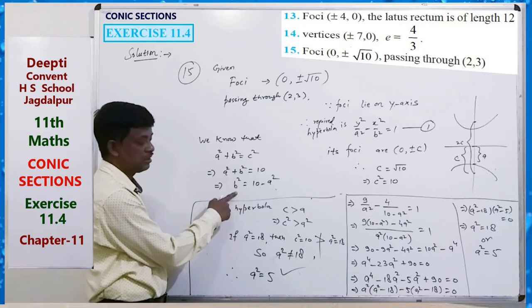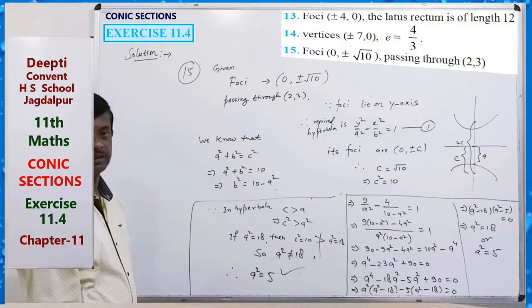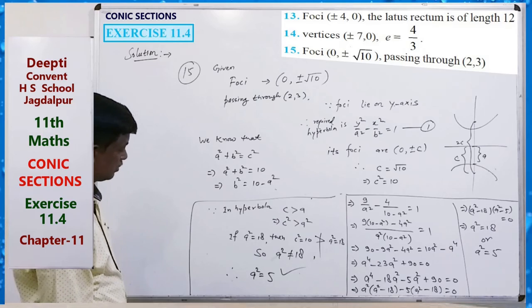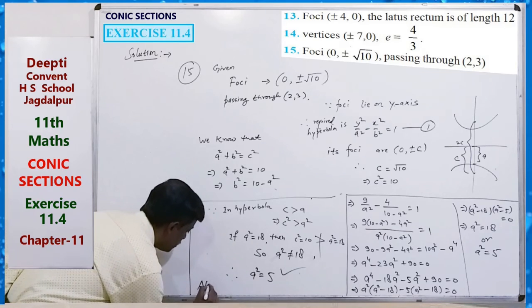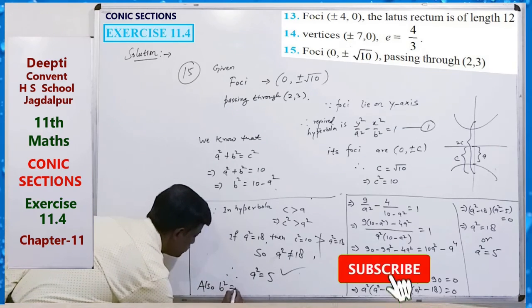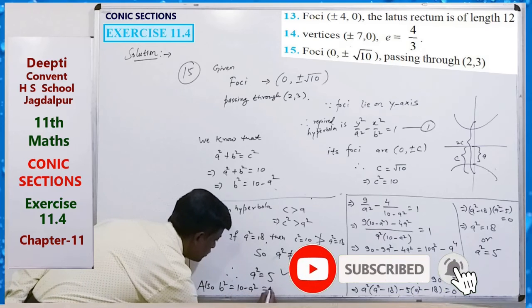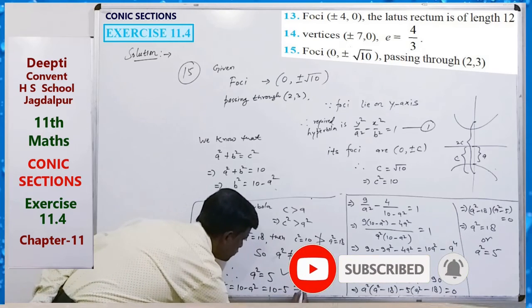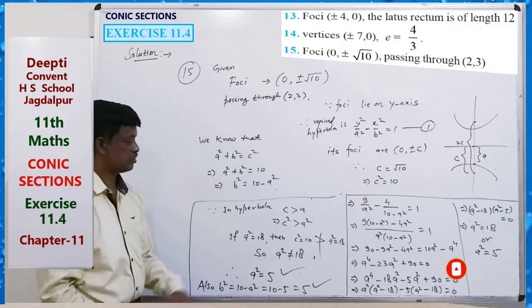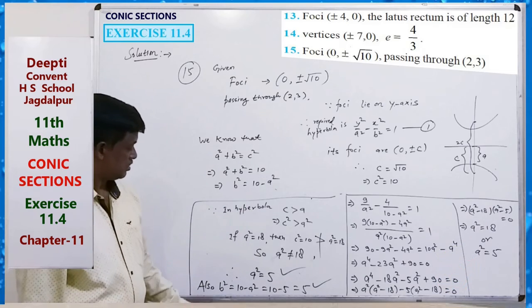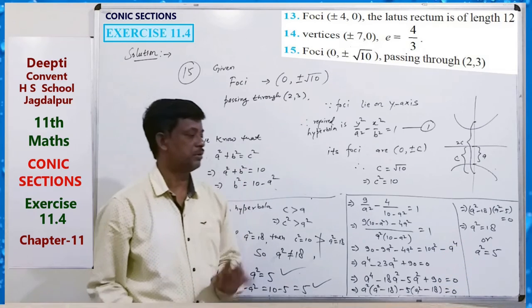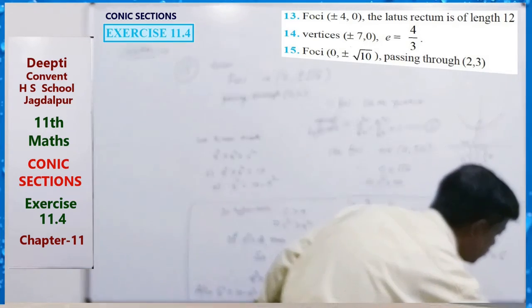So from here we can get b square also. b square equals 10 minus a square, 10 minus 5 equals 5. So b square equals 5, and a square equals 5. Both are 5. Okay.